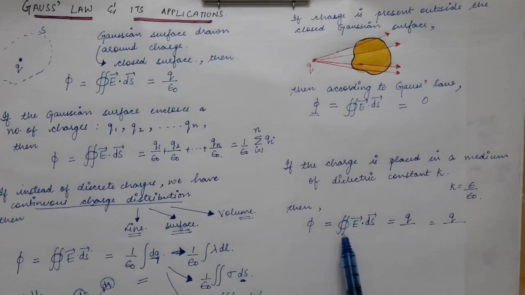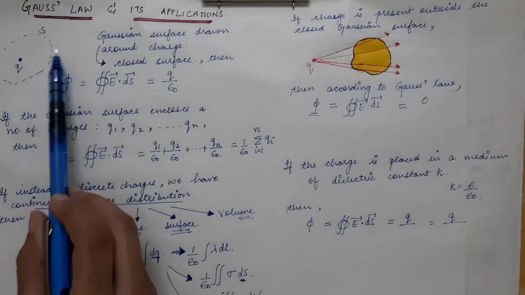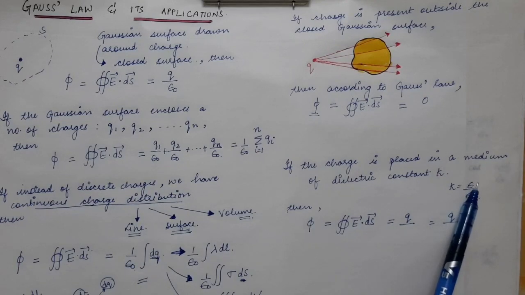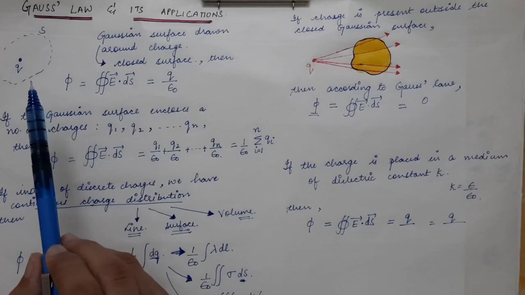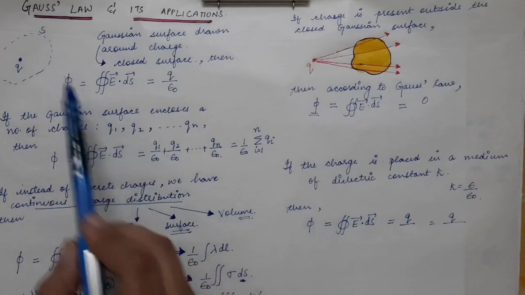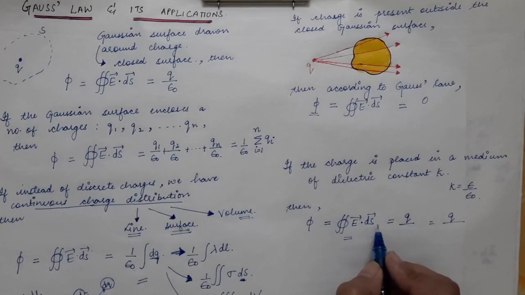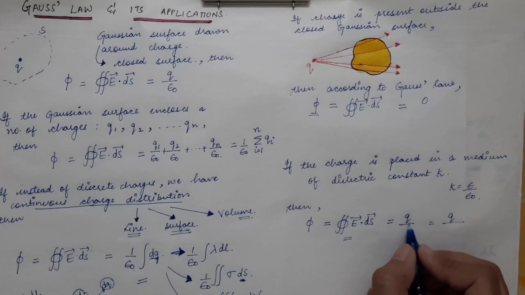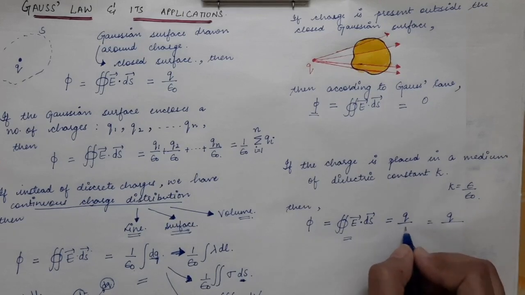So consider the flux linked with the Gaussian surface for that particular charge. If this whole system is placed in a medium whose dielectric constant is K, or whose permittivity is equal to epsilon, then the flux linked with this Gaussian surface will be given by the same formula, closed surface integral of vector E dot ds, equal to Q, the charge present inside the Gaussian surface, divided by epsilon.